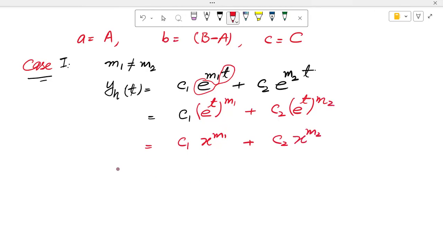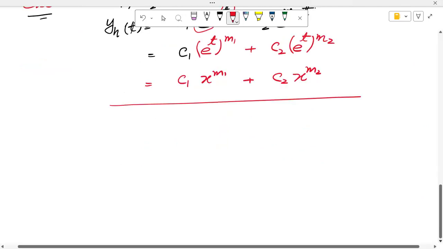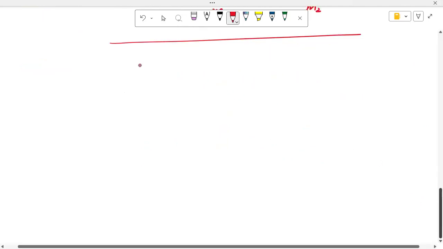So this is a very, very interesting thing, and that's going to be our recipe while attempting the higher order differential equation of Cauchy-Euler type, that we can start with the test solution as x raised to the power m and start developing the auxiliary equation.